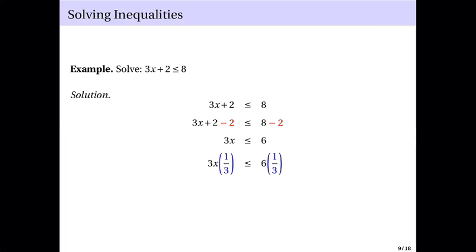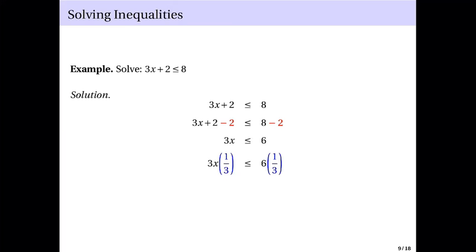So in here, what I did is to multiply by the reciprocal of 3. And the reciprocal, it's just 1/3. Okay? So on the left-hand side, I multiplied 1/3. On the right-hand side, I also multiplied 1/3. And take note, 1/3 is a positive number.